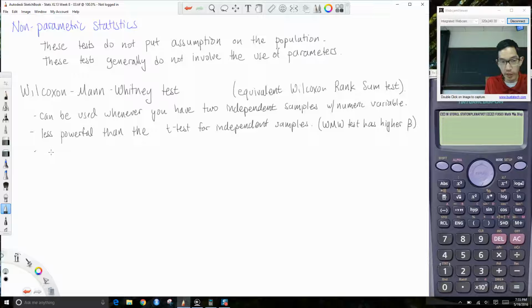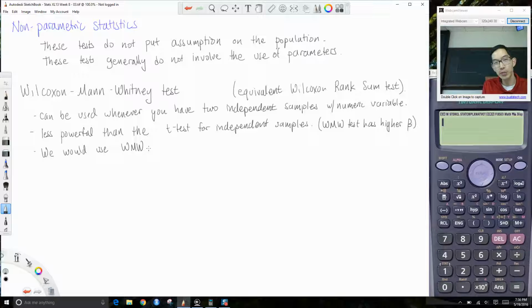So when do we want to use it? We would use the Wilcoxon Mann-Whitney test basically when we can't use the t-test for independent samples.